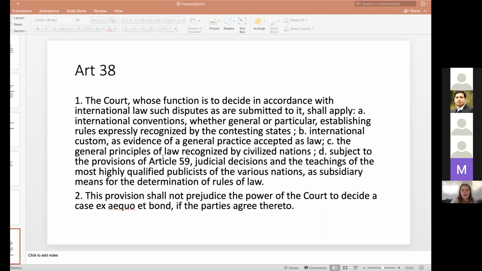The second source of law is international custom as evidence of a general practice accepted as law. So custom involves two fundamental elements, usus and opinio juris.